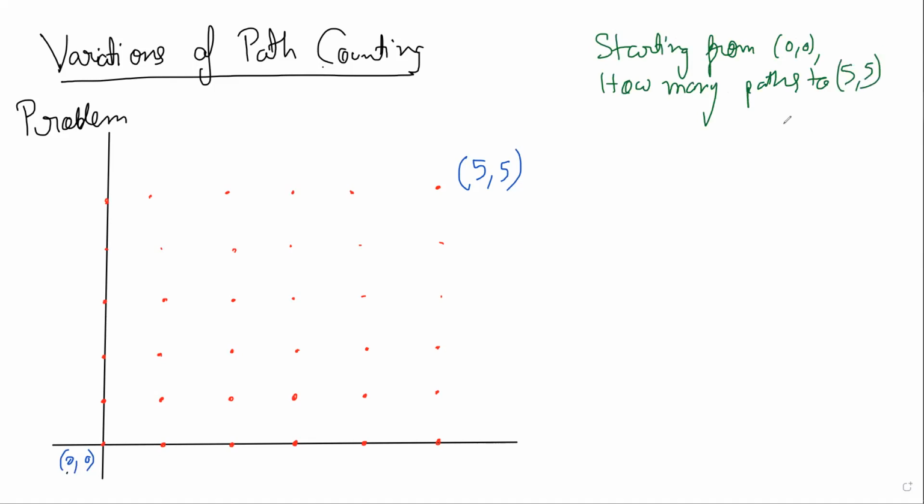Till here it is similar, but given that each step is east, north, or northeast, one of the 3.